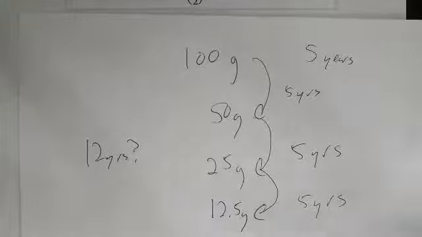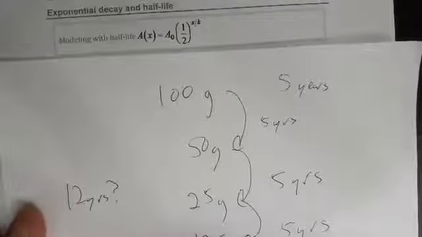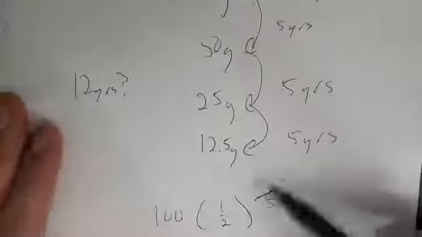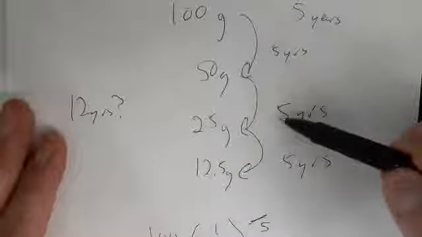So that is where they're getting this formula. If we start with 100 grams, and we're going to multiply it by half every time we get 5 here.